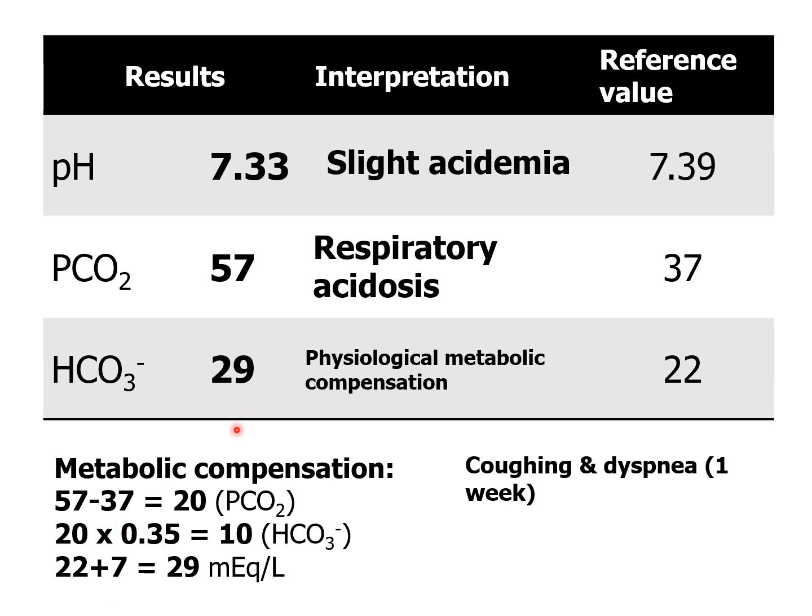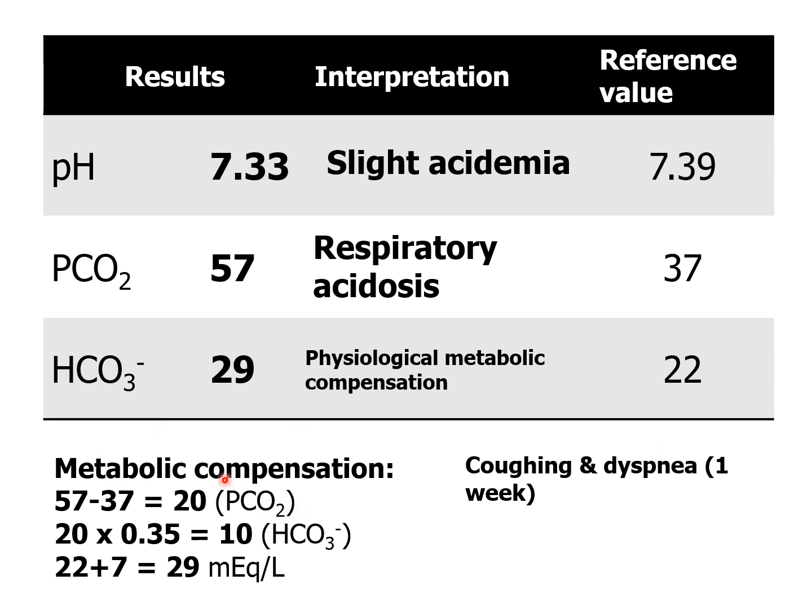Because when we examine our results here, 57 minus 37 is 20. So there is a 20 unit increase in the PCO2. And a normal dog can increase its bicarbonate by 0.35 milliequivalent per liter for every 1 mmHg increase in the PCO2 in a chronic disturbance.